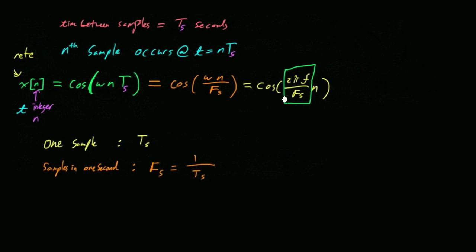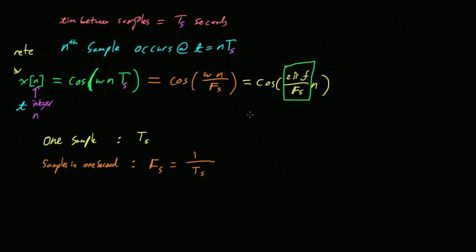I'm going to call that capital omega, where omega equals 2 pi f over the sampling frequency, and that's my discrete time frequency. Discrete time frequency.